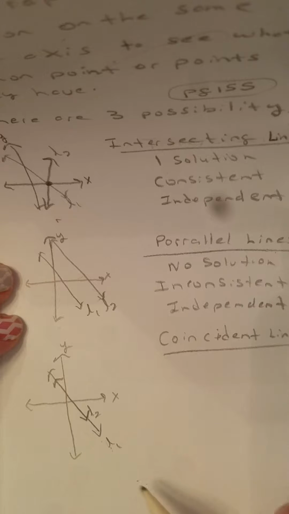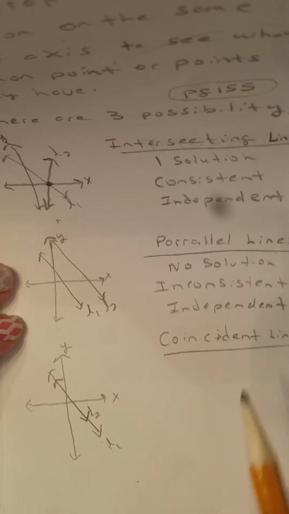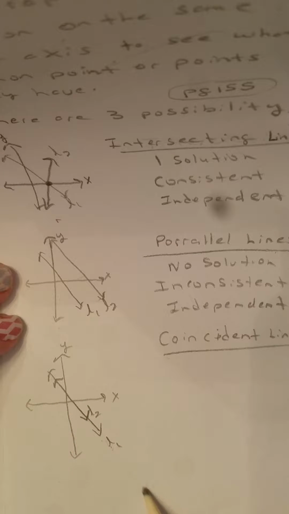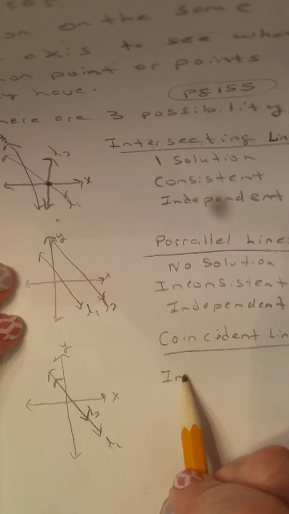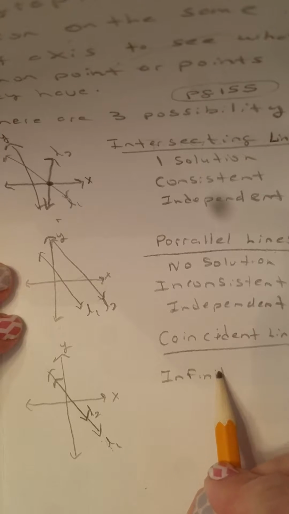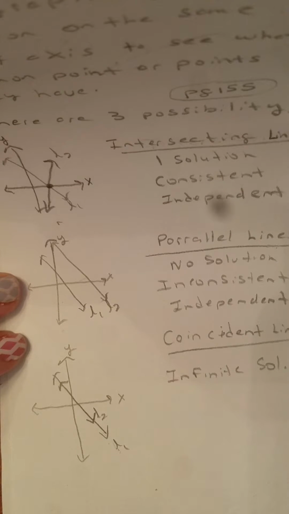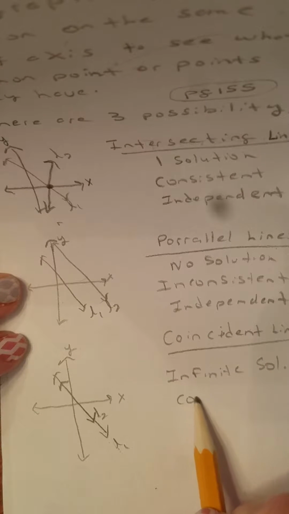They lie on each other. So they are going to have infinite solutions, because that means every point on the line is a solution. And we call this one consistent.